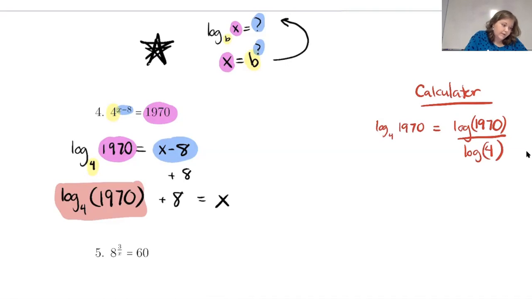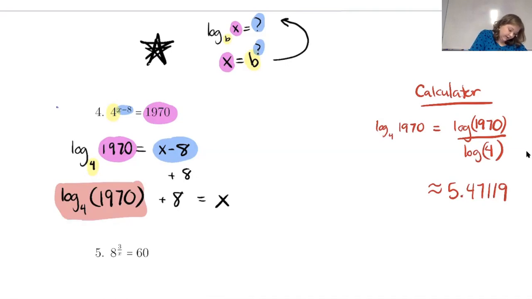So whenever I plugged that into the calculator, I got something approximately equal to 5.47119. And so that is what is going on here.